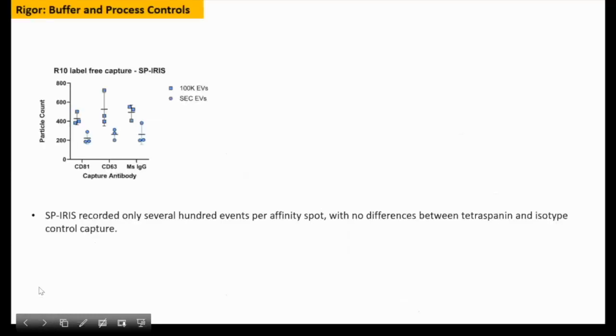Similarly, as part of our rigor effort, conditioned media subjected to the same process used for EV separation was assessed for particle count and fluorescence using SPI-RES. In label-free capture, SPI-RES recorded only several hundred events per spot, when in our EV samples these were a few thousand.